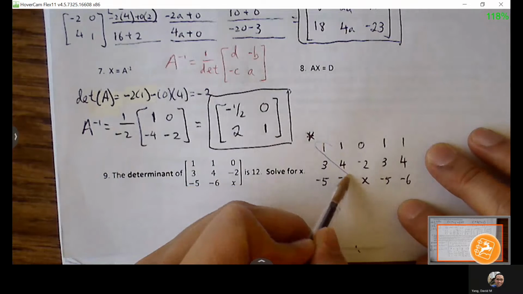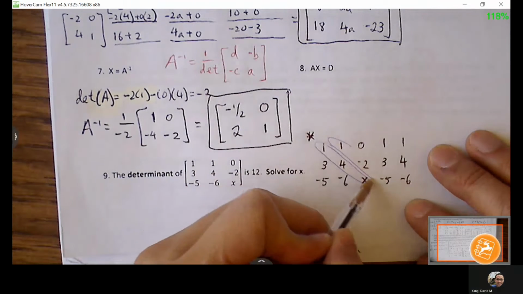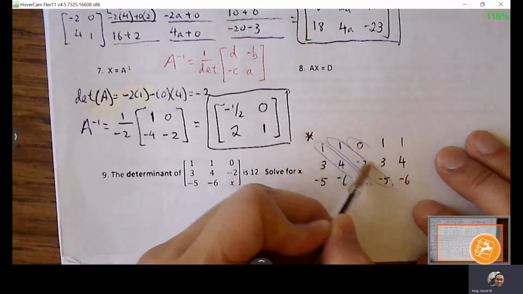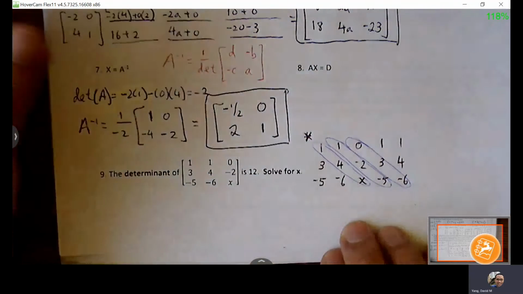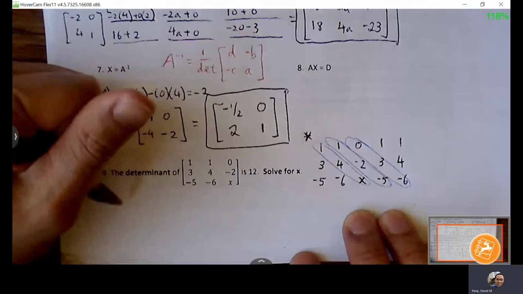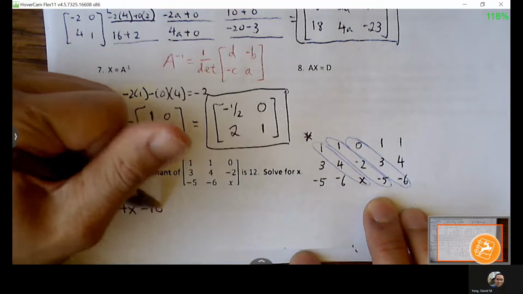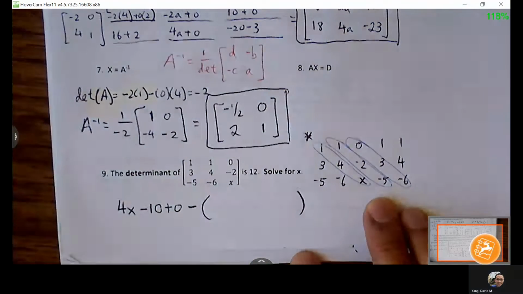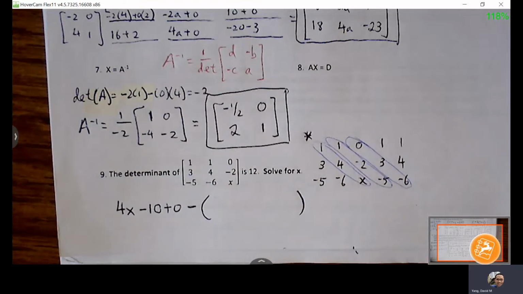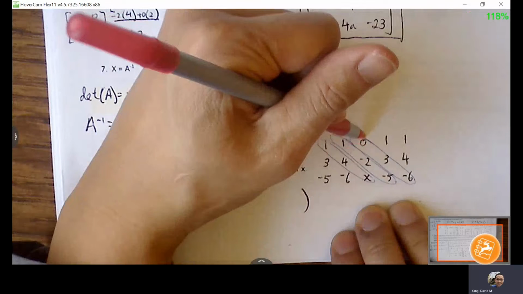Multiply those 3 together, multiply those 3, multiply those 3. Then you do a big minus sign. And then you do the same thing for the triplets, the diagonals, and you go in the other direction.